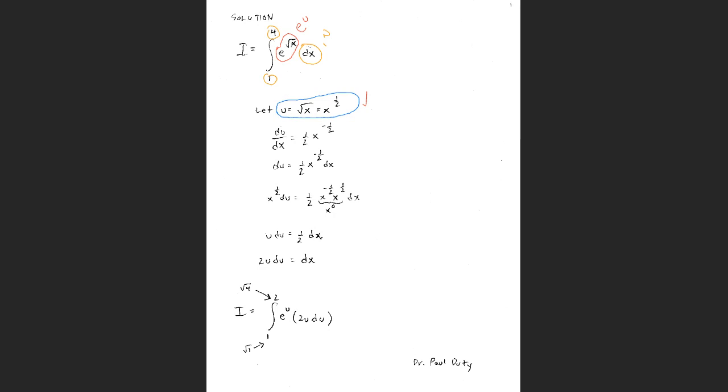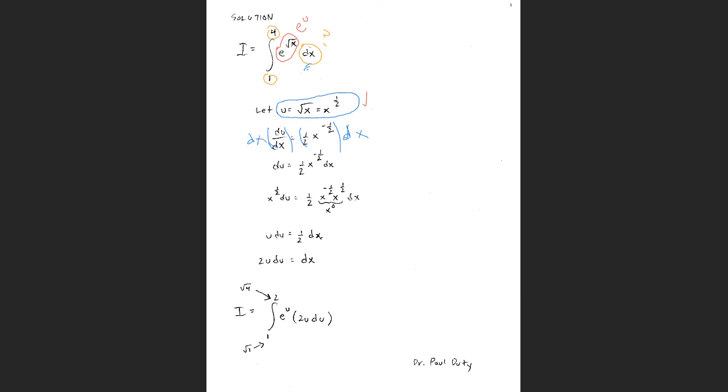Since u equals x to the half power, du dx is equal to 1/2 times x to the negative half power. But again, what I want is dx written in terms of the variable u. So what I'm going to do is multiply both sides of this equation by dx.